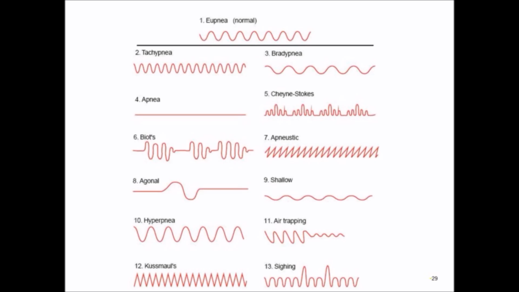Kussmaul is this. If you compare this to this, you see this height is more, deeper. And you see this faster. Count this to this. So it's fast and deep. Okay? This is shallow breathing, same rate as normal, but it's the depth only that's affected. So 18 per minute, it didn't change, but it's shallow.